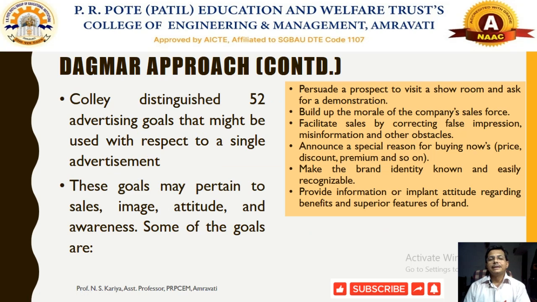So Colley has listed nearly 52 advertising goals, or 52 advertising objectives, and these can have a relationship between the advertising goals and advertising result. All these 52 advertising goals can be measured by conducting some sort of research inquiries very effectively with respect to that advertisement program.